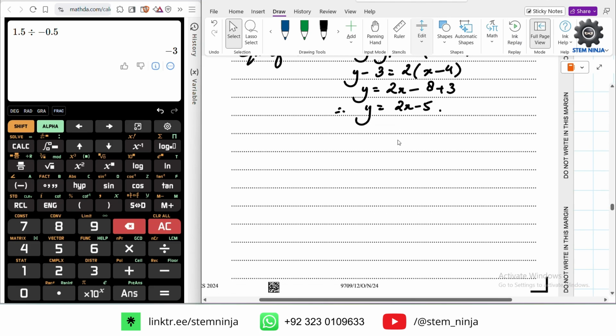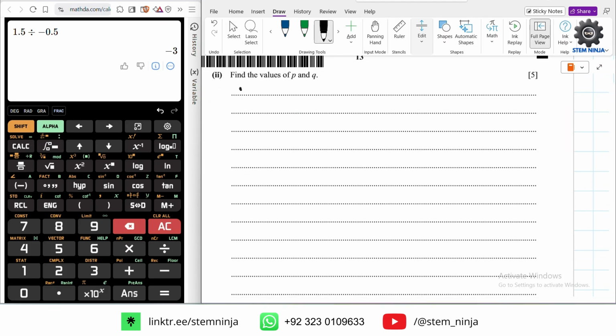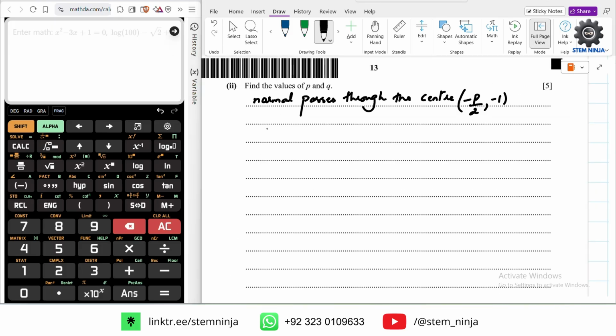Okay, so the normal passes through the center, minus p over 2 and minus 1. So we know that we have the equation y equals 2x minus 5. So we plug this point in, that is minus 1 equals 2 times minus p over 2, minus 5.